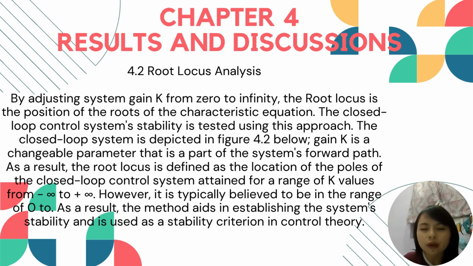However, it is typically considered in the range of 0 to infinity. As a result, the method aims at establishing system stability and is used as a stability criterion in control theory.